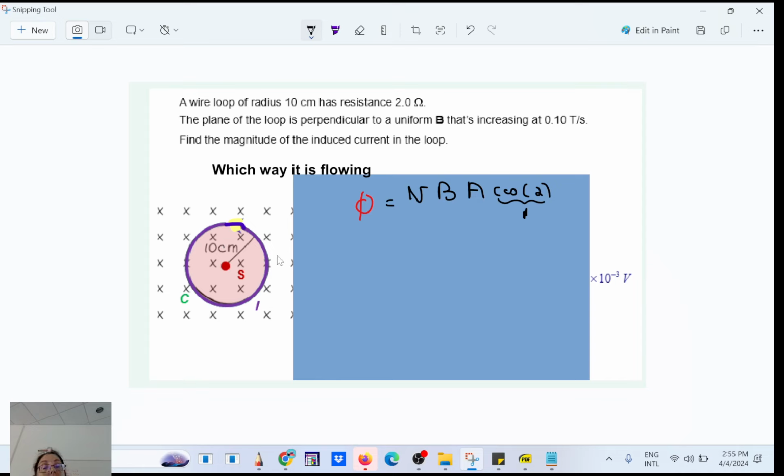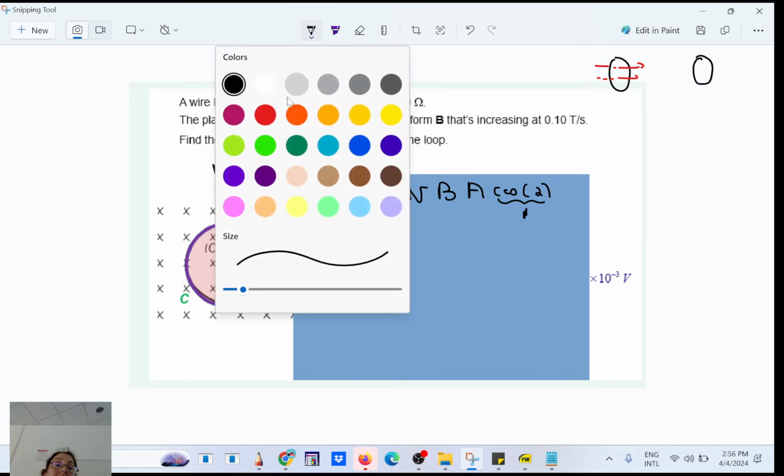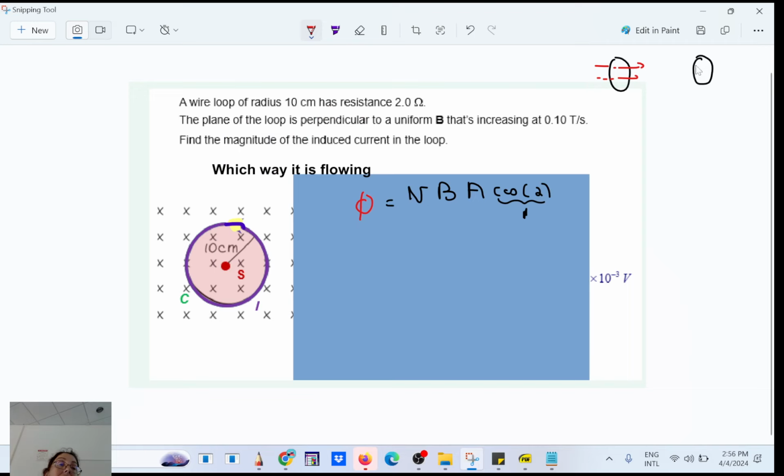You're going to have more magnetic field lines poking through. I give you time. I'm not doing it, I'm just drawing. So first you're going to have maybe 2 lines through it, and then you bring your magnet in, and you're going to have more lines poking through.